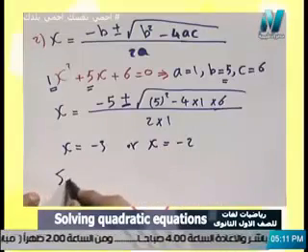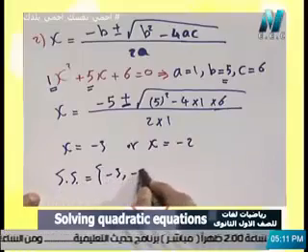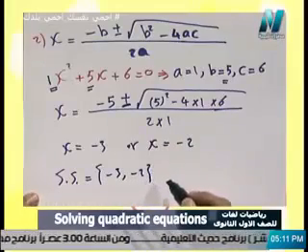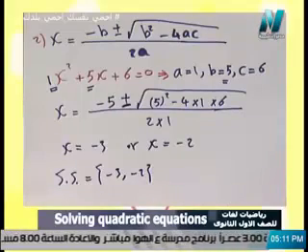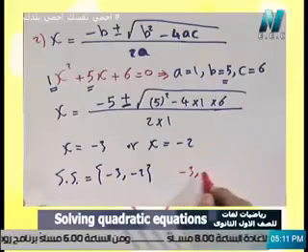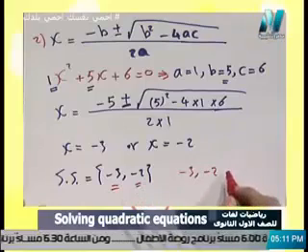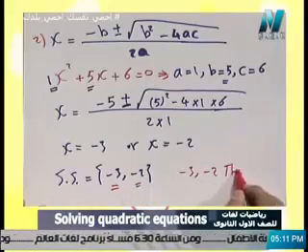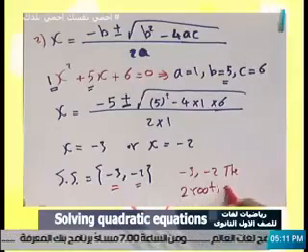So we can say that the solution set equals negative 3 and negative 2, which is the same solution as with factorization. Pay attention, my dear students, that we call negative 3 and negative 2, which are the solutions here, the two roots of the equation.